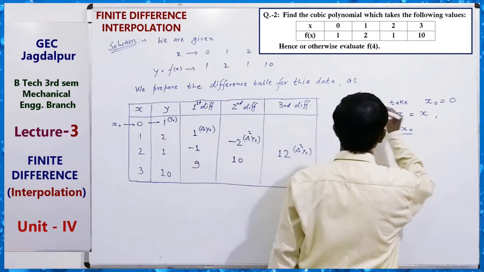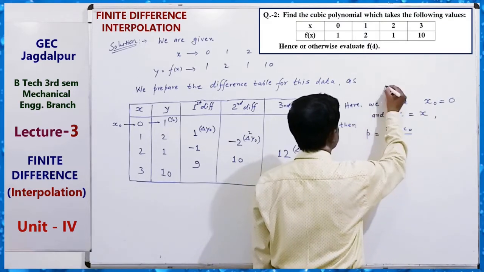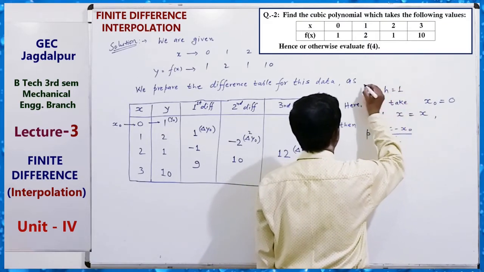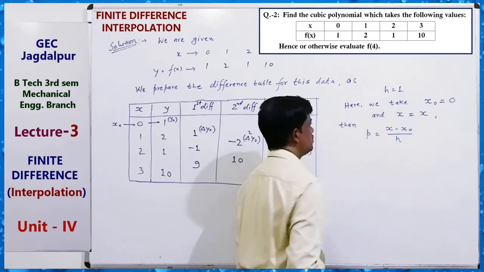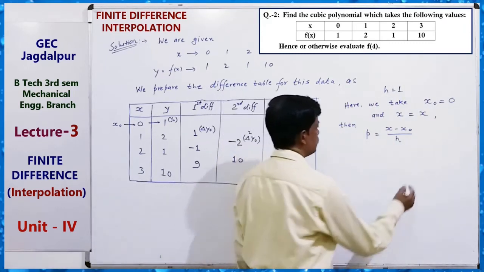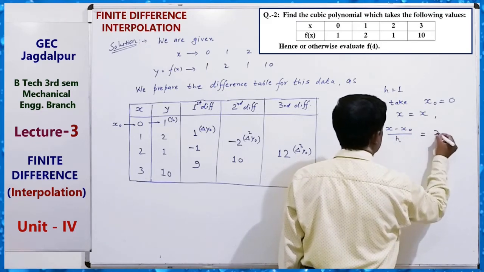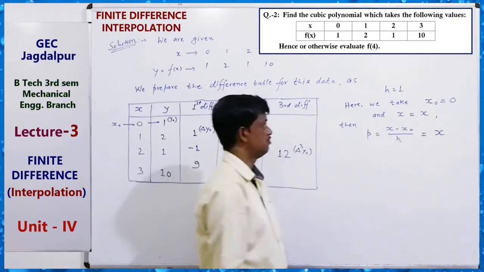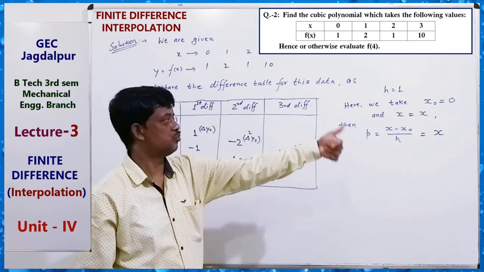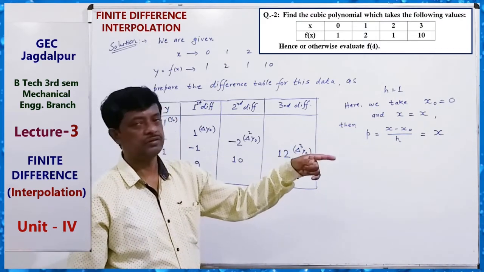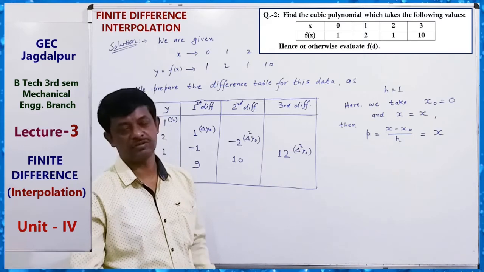So here h equals 1. So we get x minus x0, with x0 equal to 0 and h equal to 1. So x minus 0 by 1, p equals x.